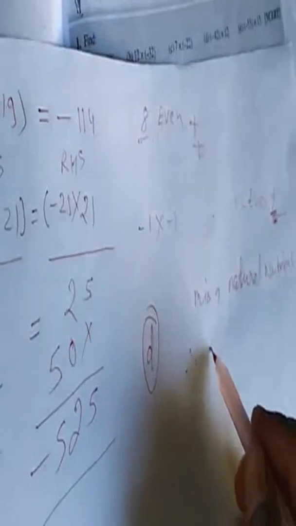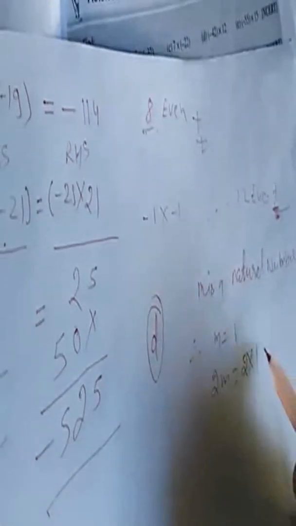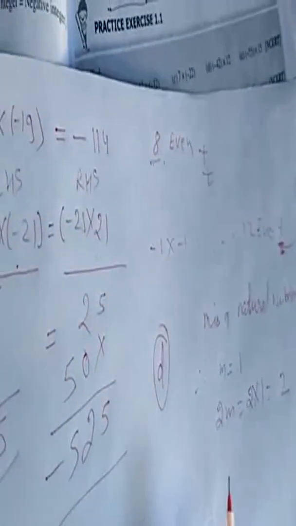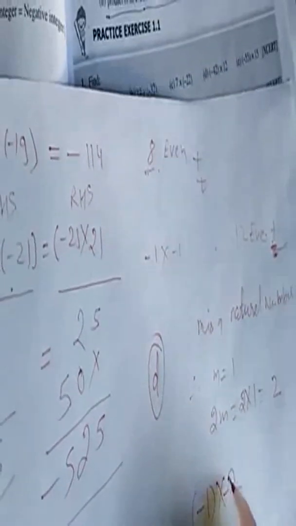Therefore m is equal to 1. So 2m is equal to 2 into 1, which is 2. So minus 1, 2 times: minus 1 into minus 1 is equal to plus 1. Hence it is positive. It is also positive.